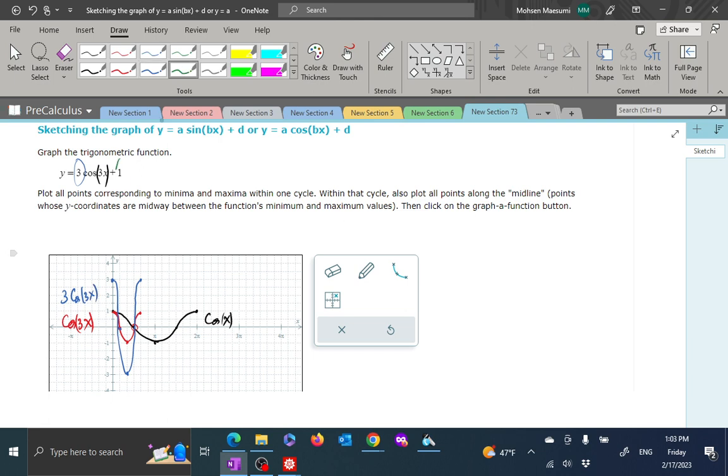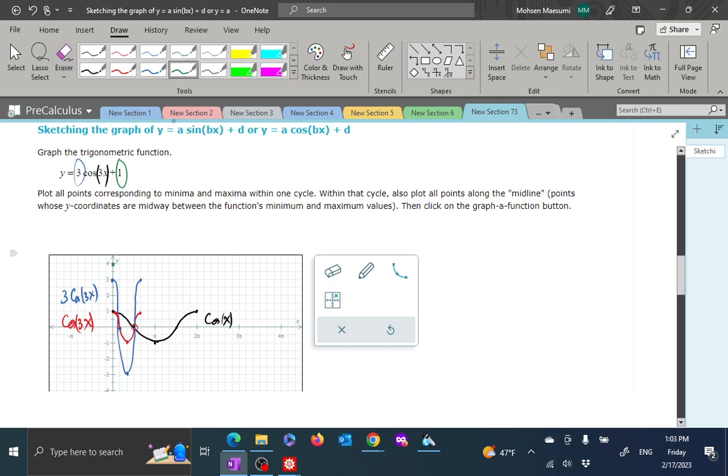Finally, we are adding a 1. Adding a 1 means lifting everything by 1 point. So this 3 here becomes 4. This 3 also becomes 4. It's minus 3. Excuse me, I made a mistake. I went up by half a block instead of a whole block. So what color was it?